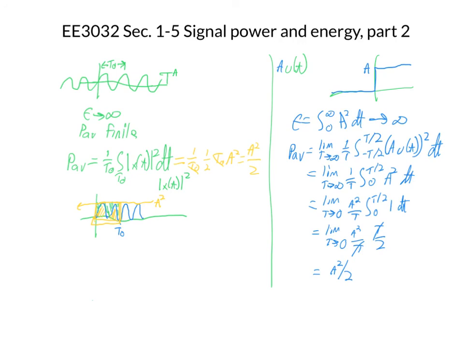So try that yourself if you want to try a shifted version and see what happens to the integral. You'll get a vanishing term, and all that will be left over will be a term that reduces to A squared over 2. So that's a key tip for this section. When you are evaluating power and energy for a function that has piecewise segments, like this one, break up the integral into each individual part to simplify it.